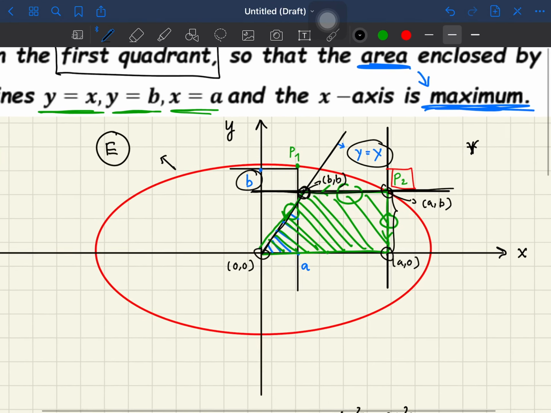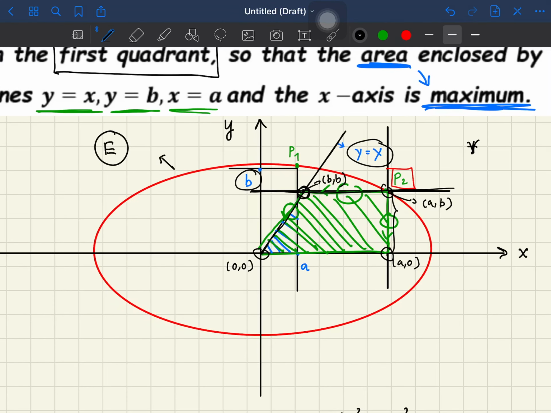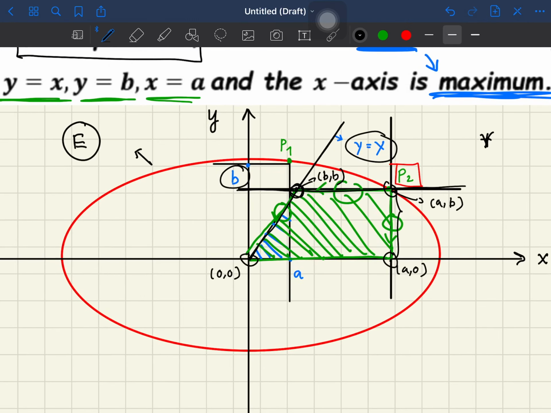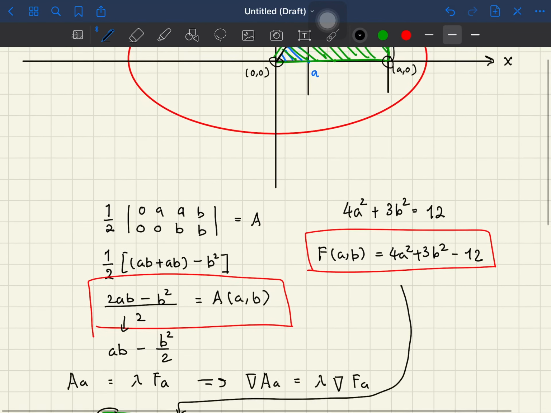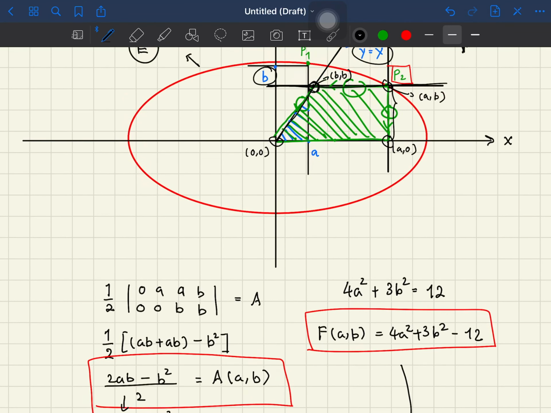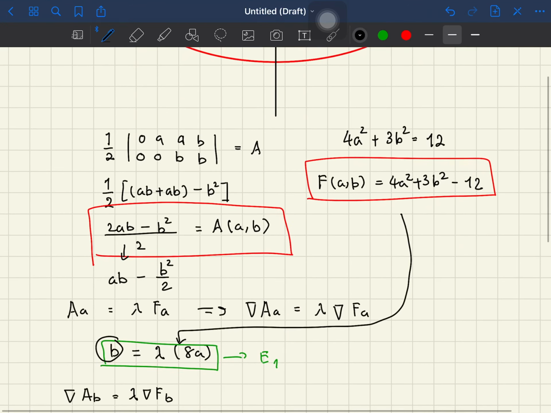First and foremost, we have chosen the correct point, which is P2, which gives you the maximum area. As you can see, P1 can only give you the blue area, the minimum, and P2 can only give you the maximum area.